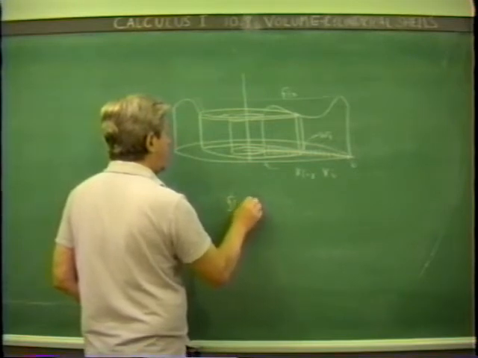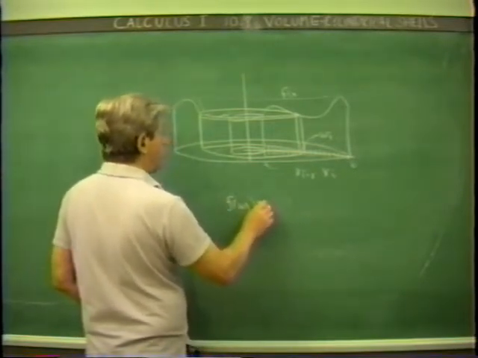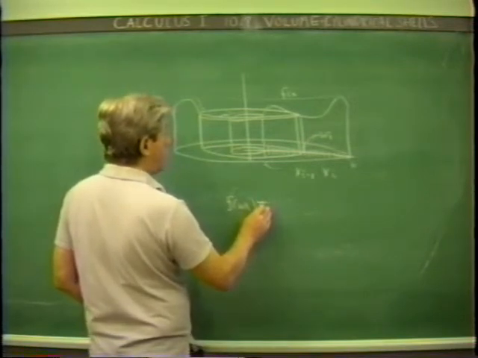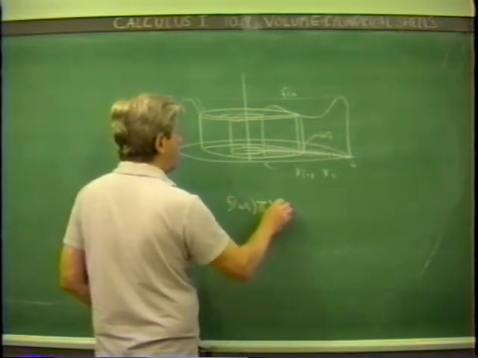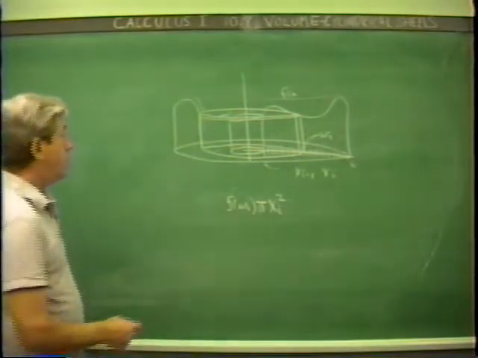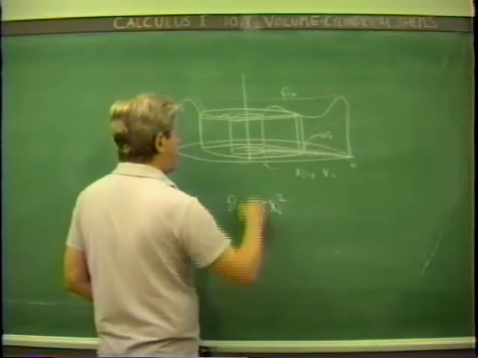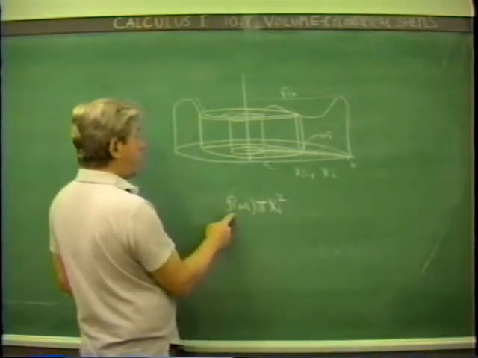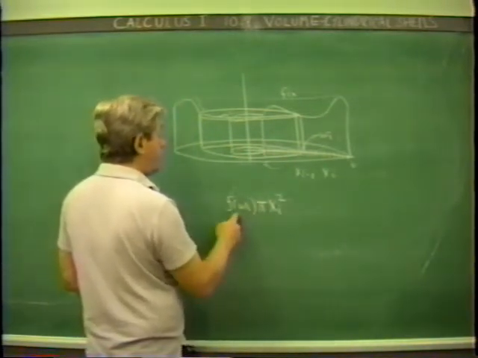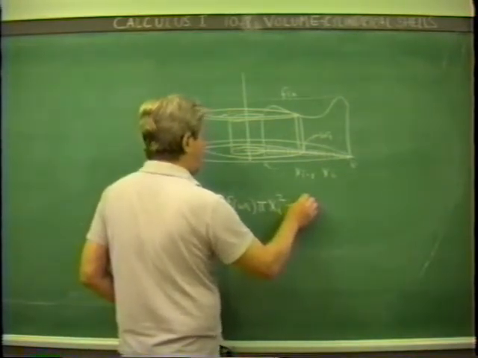The entire cylinder has got a height f of wi, and so this times pi xi squared is going to be its volume. The area, pi xi squared, xi is the outside radius, times f of wi. Pi xi squared times f of wi is going to be the volume.